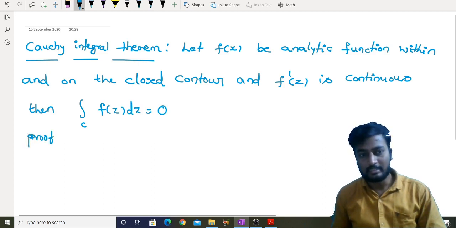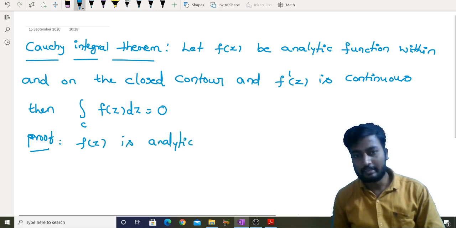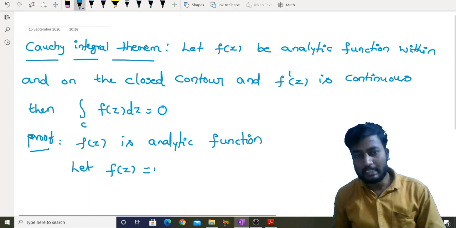The proof is also very easy. So let's see. f of z is an analytic function, as given. Our f of z is in the form of u plus iv, where u is the real part and v is the imaginary part.